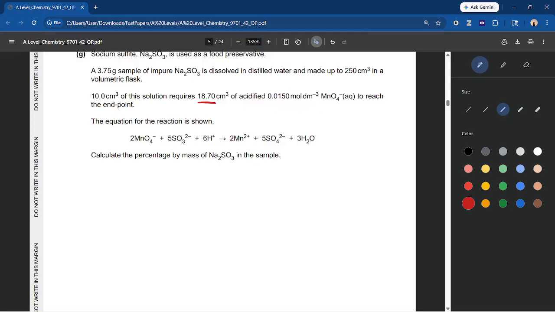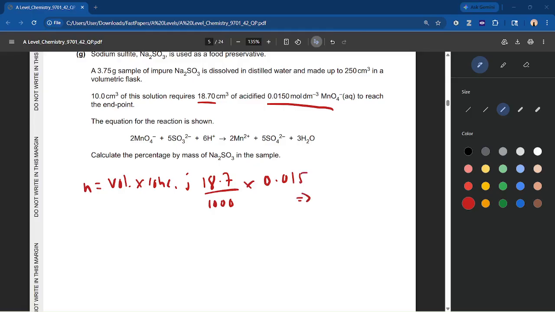But I think first of all, since we have it, we're going to figure out the moles of manganate. So n is equal to volume times concentration. Our volume is 18.7, and because it's in cm³, it's divided by 1,000, multiplied by 0.015.